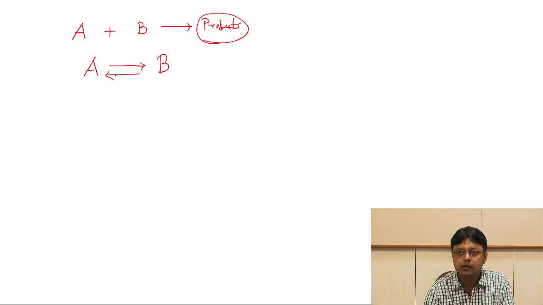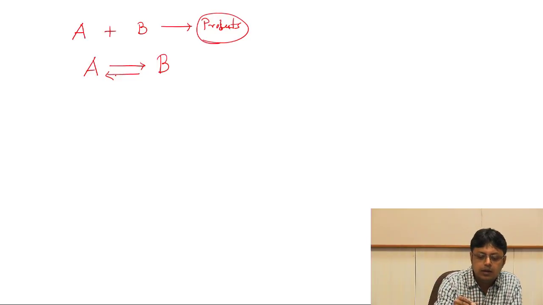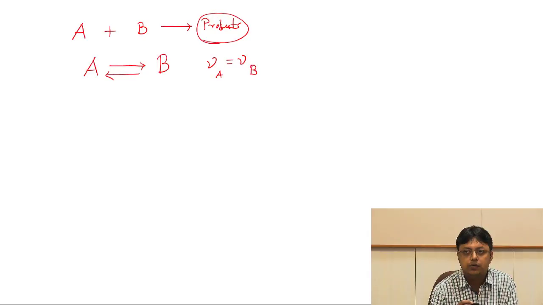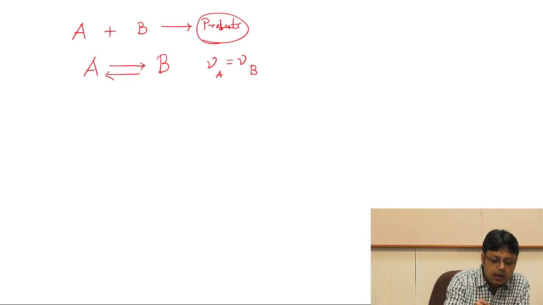But let us now consider that both the forward and the backward reaction occur at some appreciable rate, and also let us consider that nu A and nu B are equal, in the sense that A and B are interconverting to each other with equal stoichiometry, and the associated rate constants are say K1 and K minus 1.